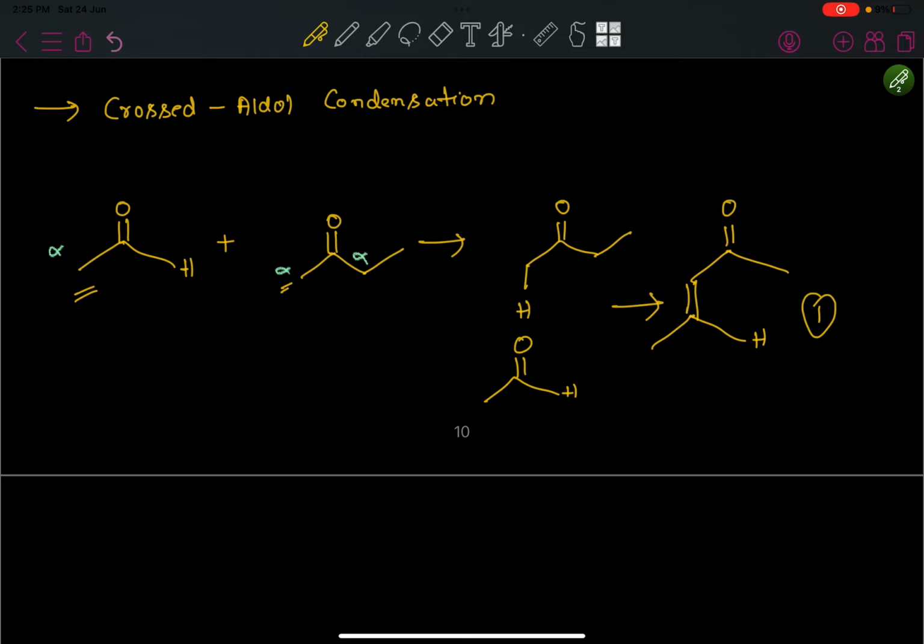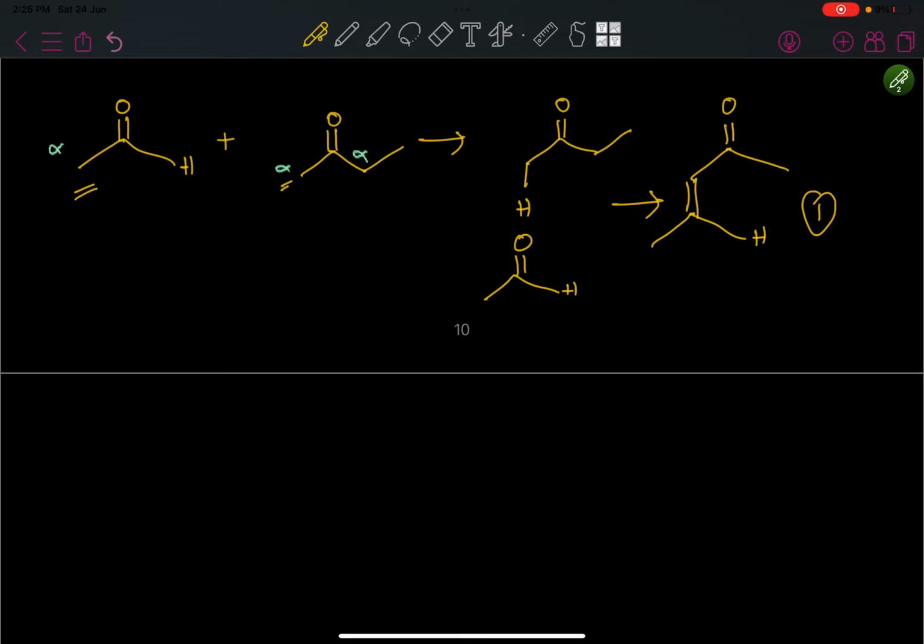What will be the second product of the same? Second product, I will take the same ketone which is going and attacking this alpha carbon, right? So what will happen here if I'm attacking this alpha carbon? I have to place an aldehyde here, right?